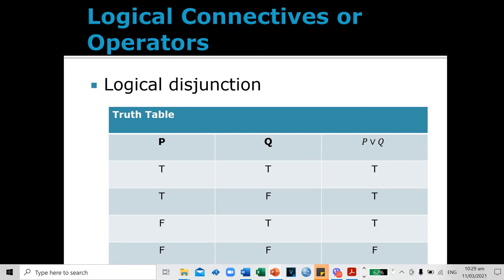In the first one, both premises are true. For the second and the third, only one is true, but that will still make the conclusion true. If both are false, then of course the conclusion will be false.